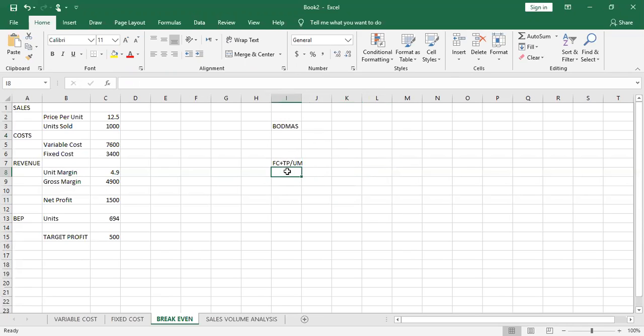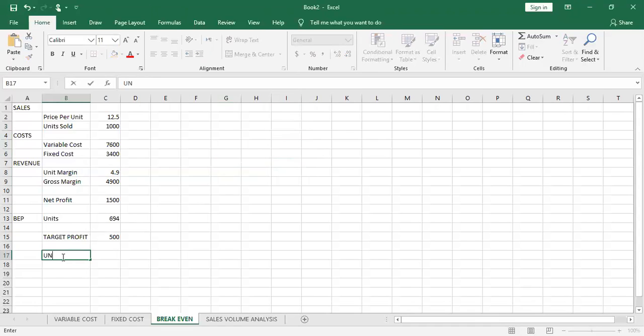So what we need to do is first perform the addition in the bracket. So fixed cost plus target profit inside the bracket, okay, before we divide by the unit margin. So this is the correct way. Because of BODMAS, we will have to put the addition inside the bracket, and that will come first before the division. All right. So we are going to see how we can get the units to sell to be able to meet a profit of 500.